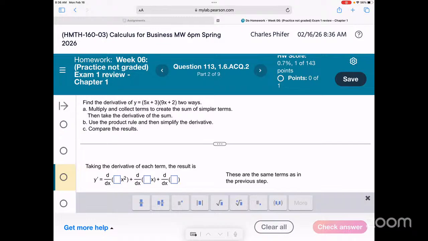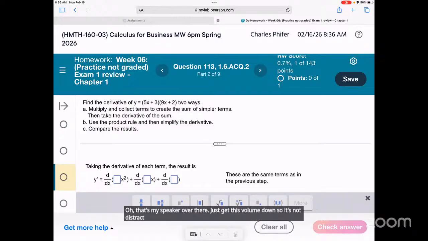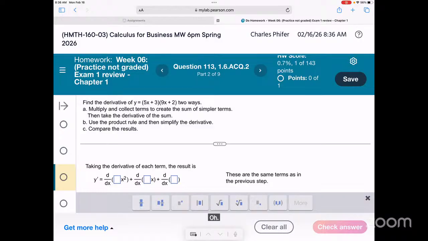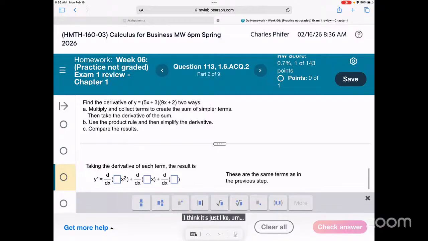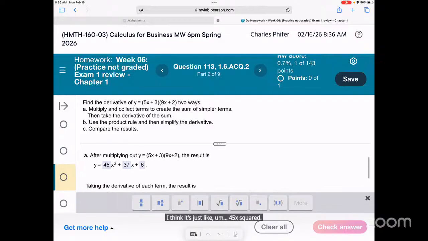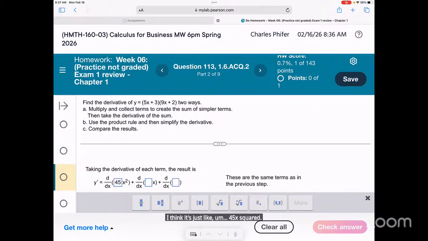Oh, that's my speaker over there. Let me turn this volume down so it's not distracting. Okay. I think it's just 45x squared, 37, and 6.